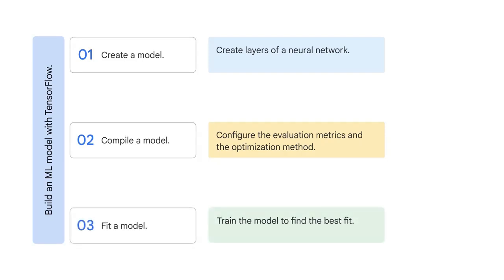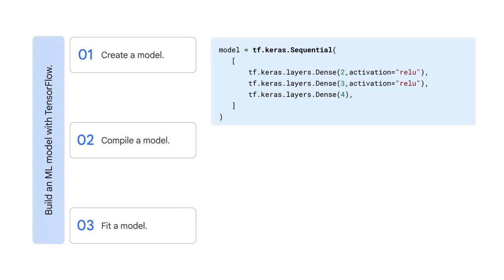Finally, you train your model to find the best fit. Assume you already imported necessary packages like TensorFlow and uploaded the data. The first step is to create a model by using TF-Keras sequential. To demonstrate, you can define your model as a 3-layer neural network. You'll explore more details about neural networks, such as activation functions, in the next module.